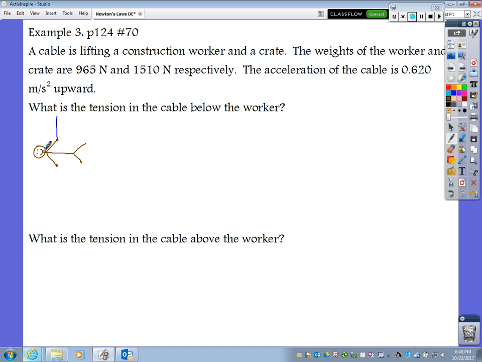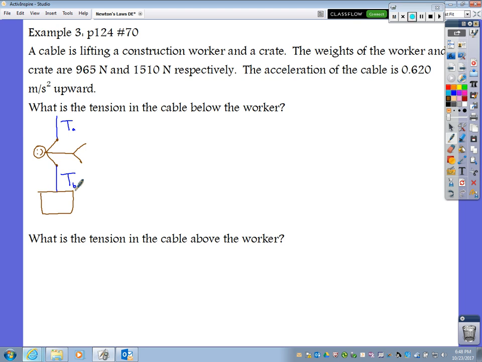So that's the top cable. This one up here, I'll call it the tension above. And then we've got another cable here. The tension in that, I'll call it the tension below the worker. And then we're going to have the crate at the bottom. So we want to know the T sub B.